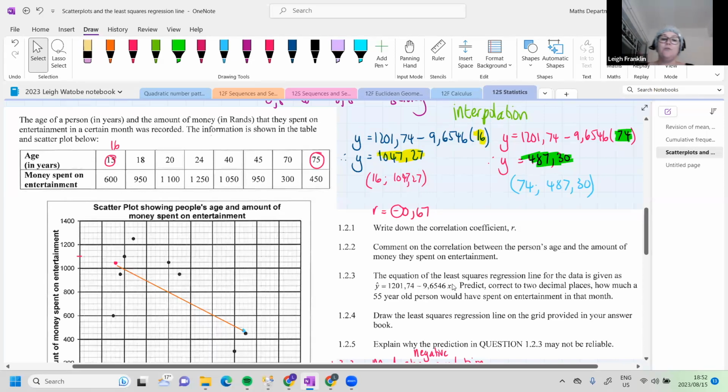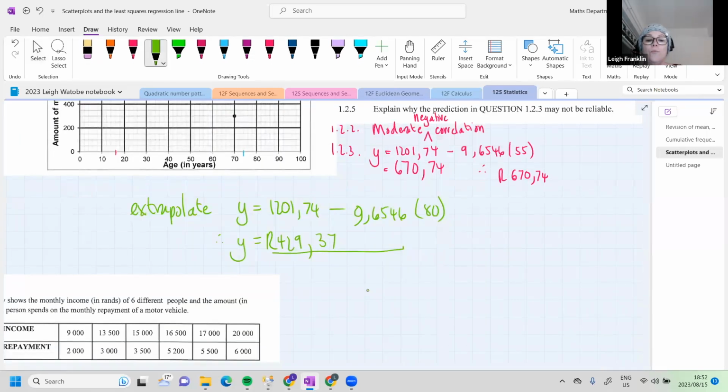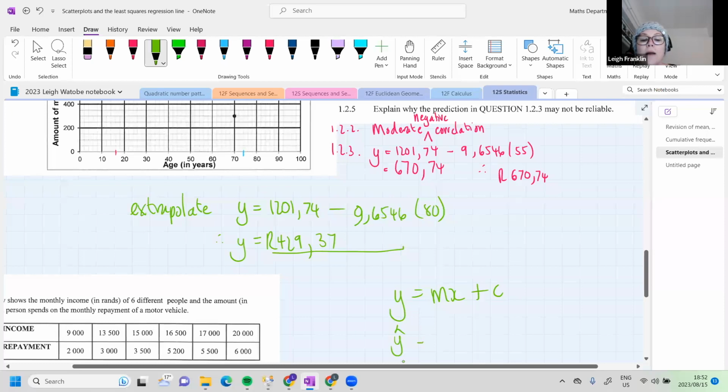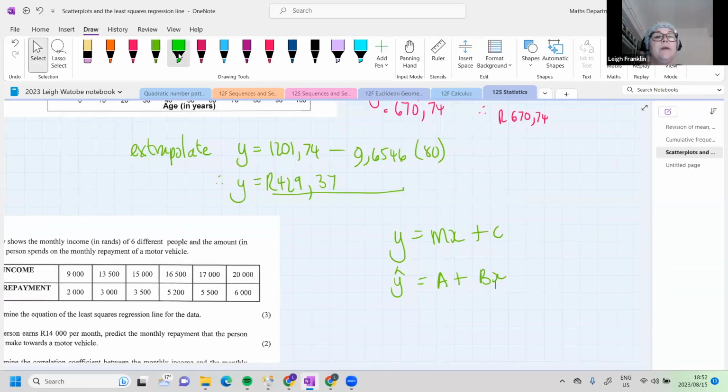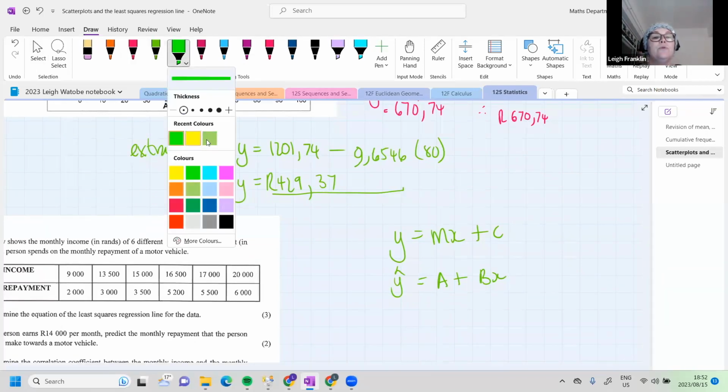So the equation of the least squares regression line, Sihle, is in the form y equals mx plus c. So your y equals a plus bx is the same thing. What would be your m value?